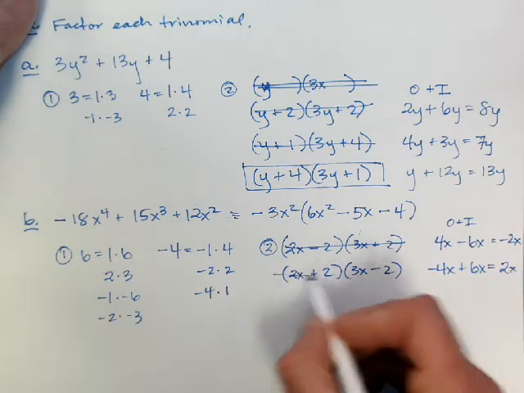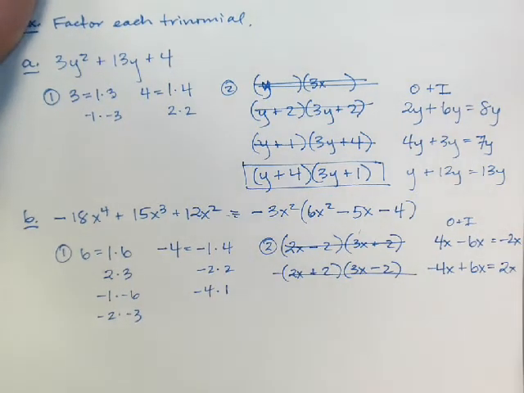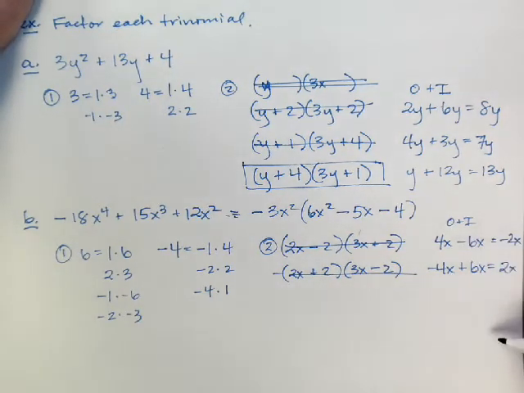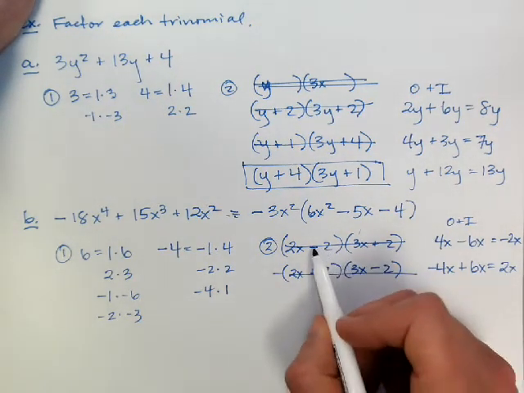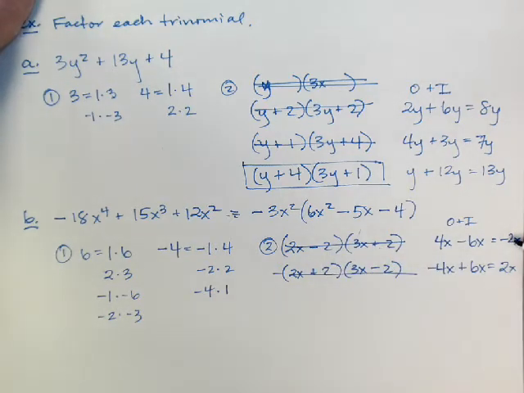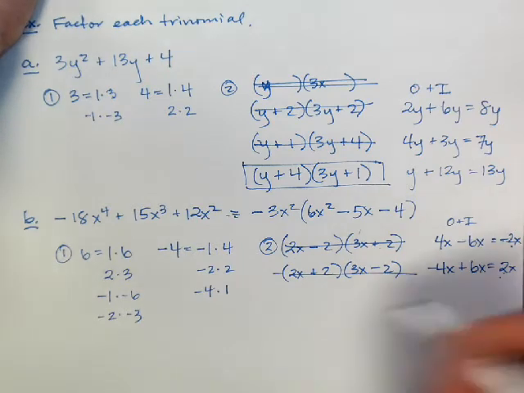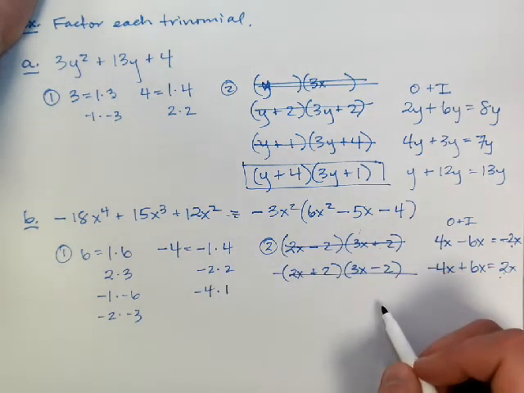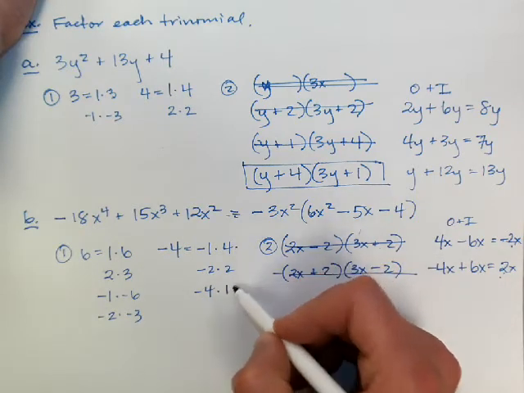That's way wrong. Okay, so we didn't get anywhere. Now notice what did happen though when I switched the sign that was associated with each factor. We got the same coefficient, but they're negatives of each other.